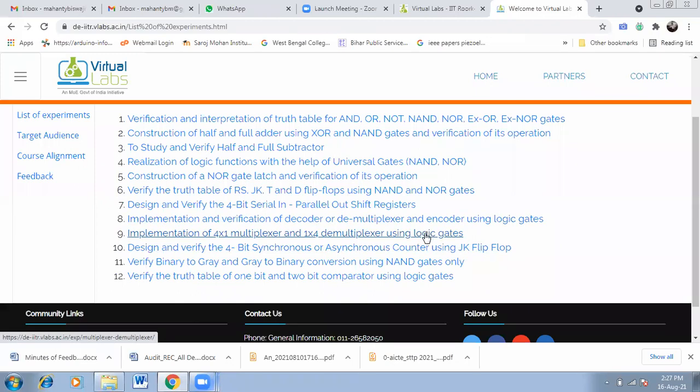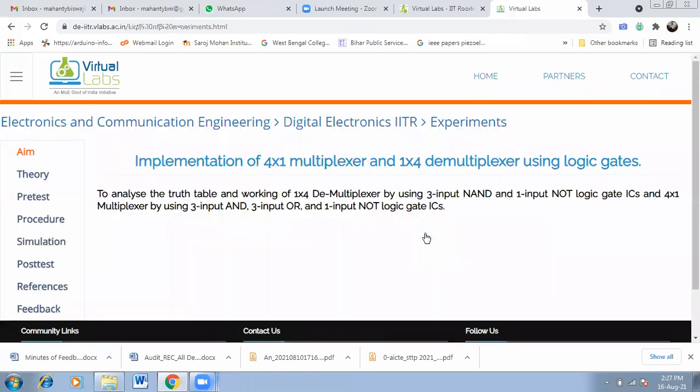So let us start. A multiplexer, in one word, is a many into one converter. Many means you have many inputs and only a single output. Along with input and output, you have some data select inputs.